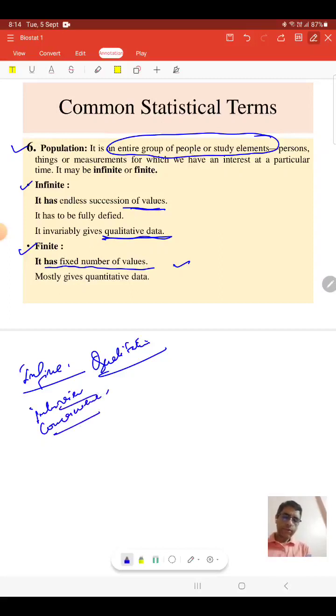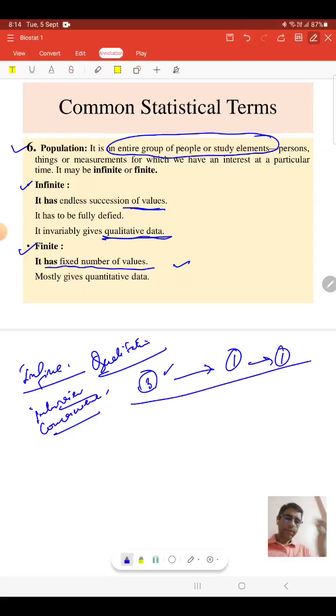Say we have 3 people, we interview them, then we keep going, get another person and then another. The number may be small, but the thing is that in infinite populations we do not know how many we are going to interview. We interview as many as we get and keep adding to the observations. So this is infinite.